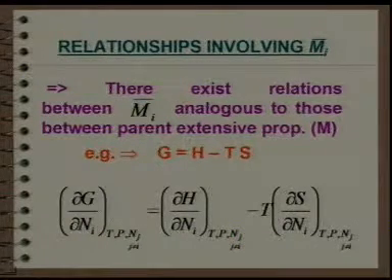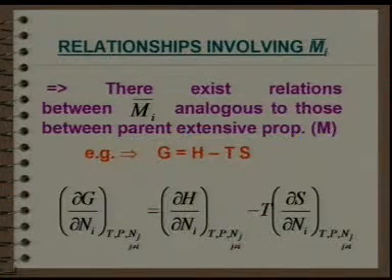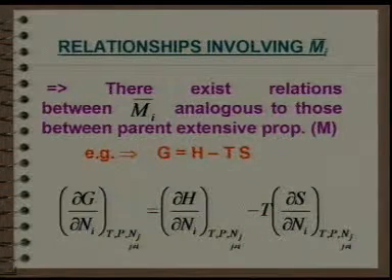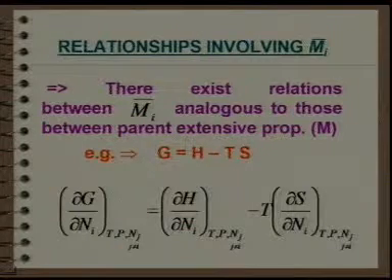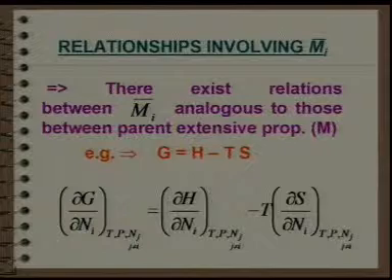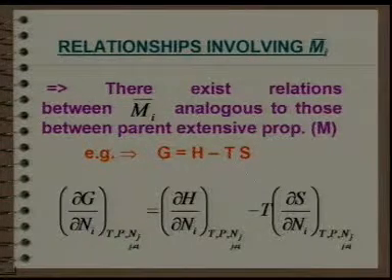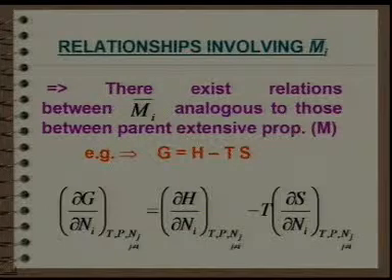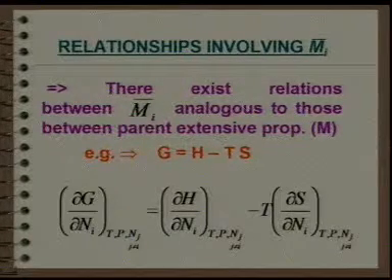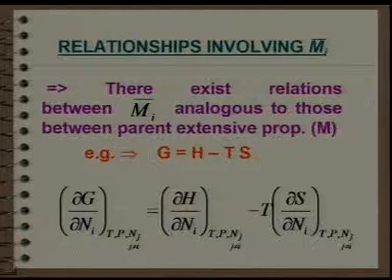because T is constant and each of these partial derivatives is the corresponding partial molar property. dG by dni is equal to Gi bar, dH by dni is equal to Hi bar and dS by dni is equal to Si bar, the corresponding partial molar enthalpy and partial molar entropy, isn't it? That is the definition of any partial molar property: dM by dni when T, P and Nj are kept constant.